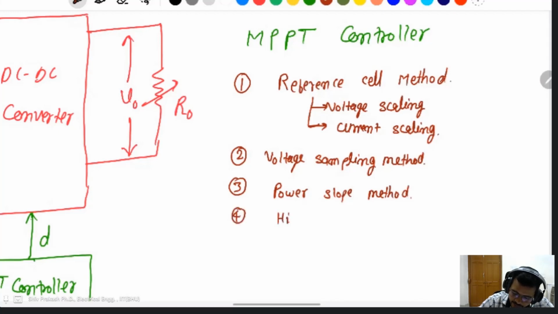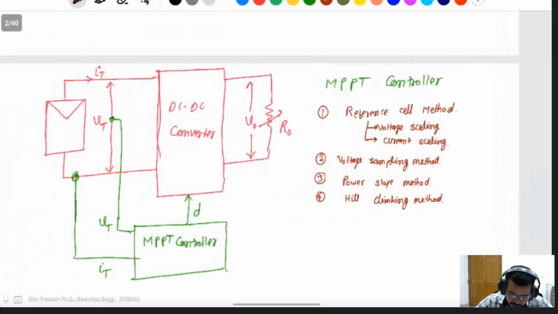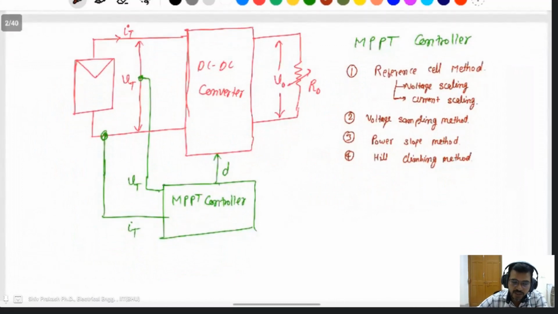Next one is the hill climb. These are the methods of the MPPT controller that you use to get the maximum output of the PV panel.